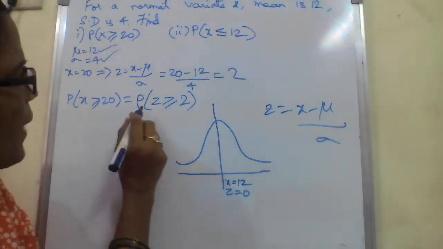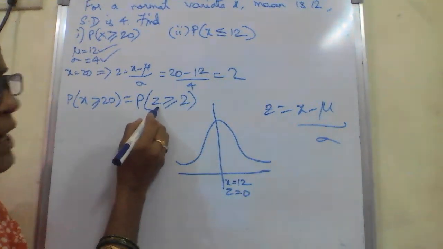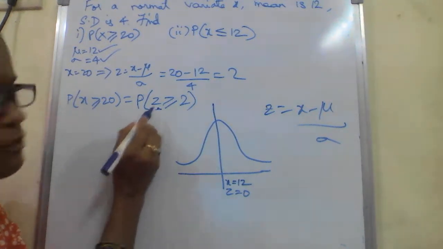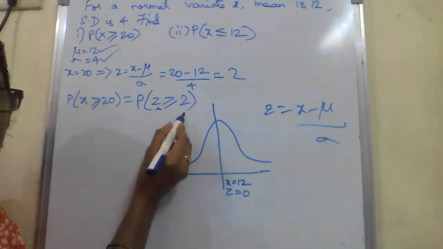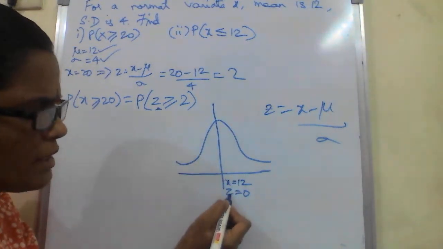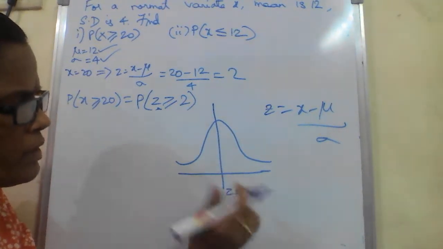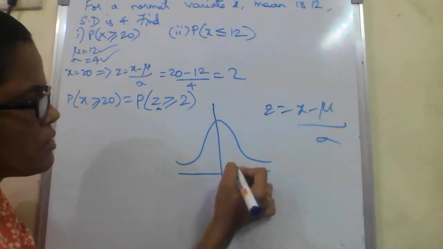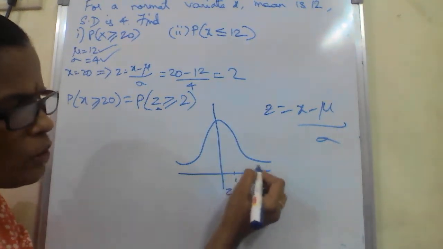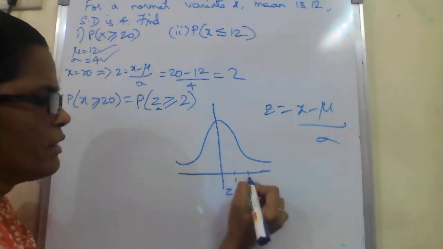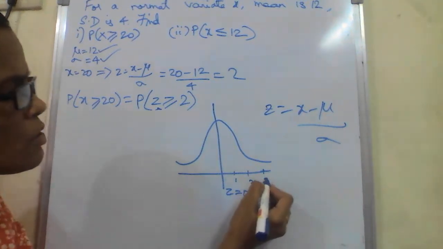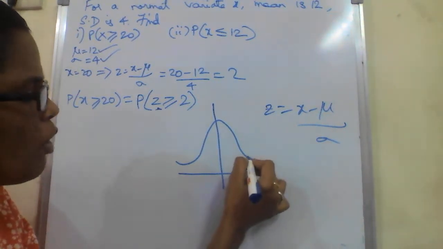So now I want the value of z. I have to find the probability of z greater than or equal to 2. This z is 0. So some value here, 1. I told you, in total it will be 3 only. So 1, 2, 3. Here this is the value of 2.